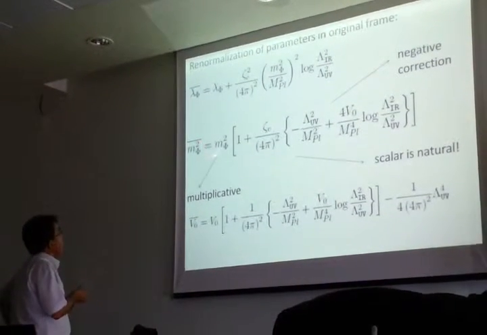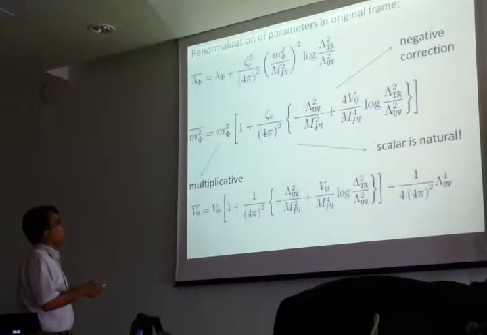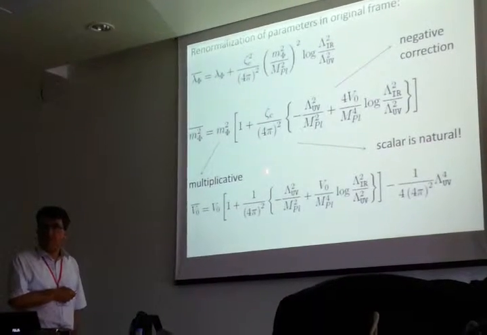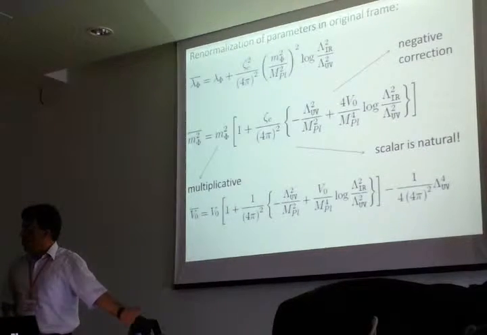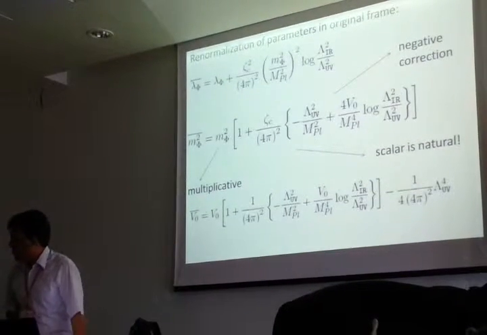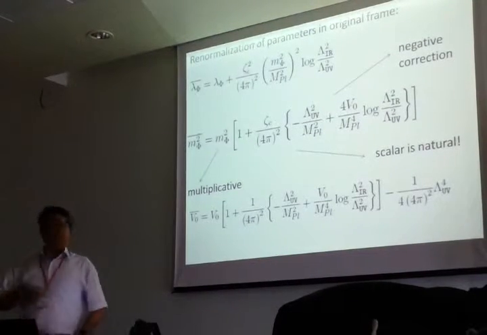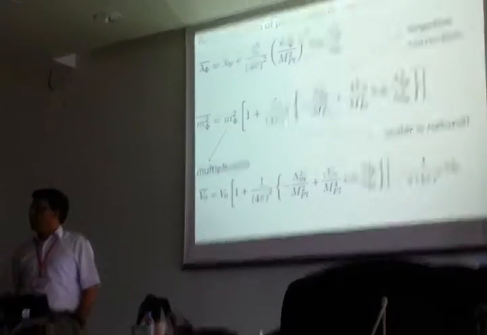Let's look at the renormalization of the mass square. When we look at this expression, we see that it is first of all multiplicative renormalization. This means that its renormalization is the same as quark mass renormalization or vector boson renormalization. Just the same structure. This means that if m pi squared is small, then m pi bar squared is also small.